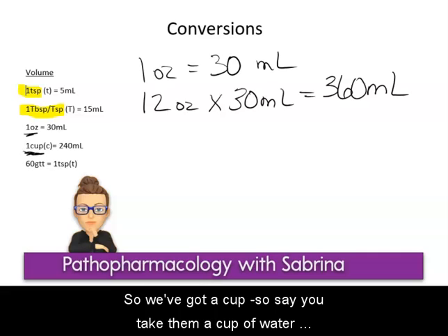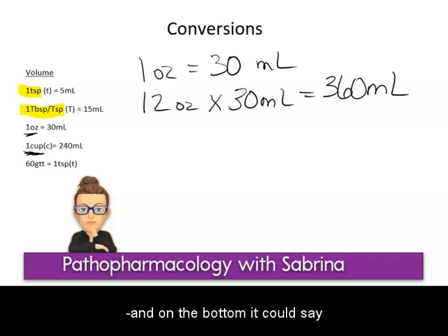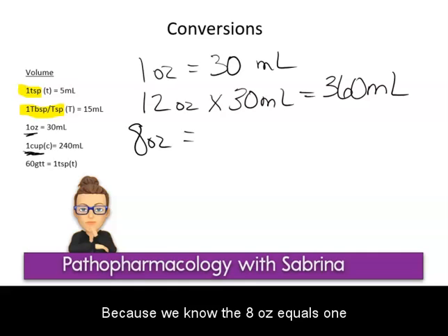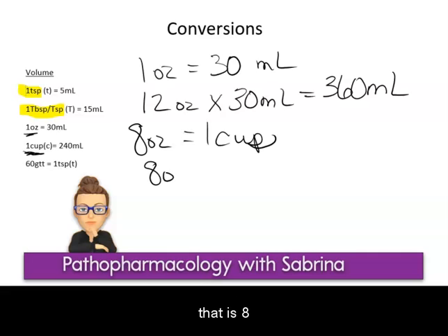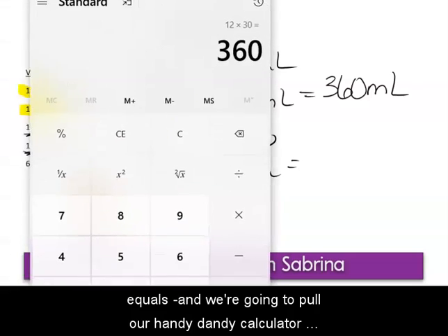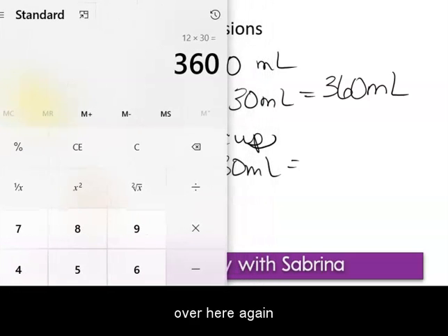So we've got a cup. Say you take them a cup of water, and on the bottom it could say 8 ounces, because we know that 8 ounces equals 1 cup. So if you take them 1 cup of water, that is 8 ounces times 30 milliliters equals, and we're going to pull our handy dandy calculator over here again.